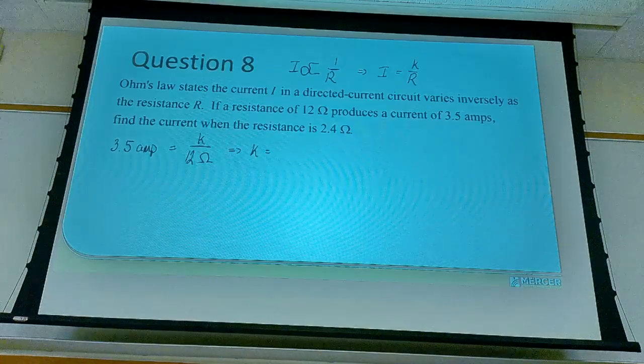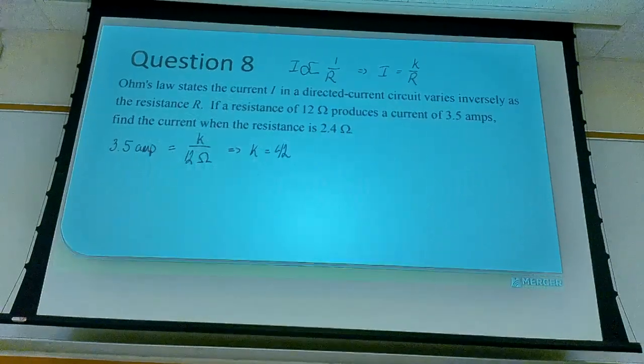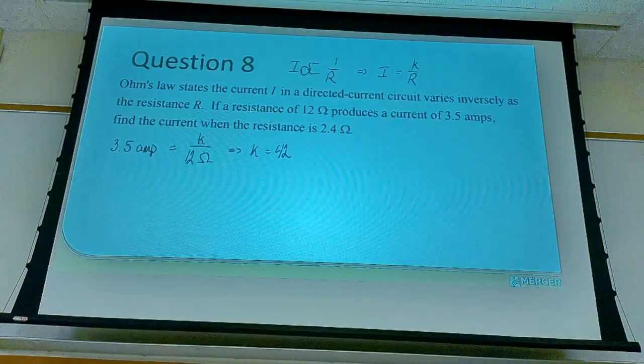What's 3.5 times 12? Again, you don't need a calculator. What's 3 times 12? 36. And then half of 12 is 6. So then add them, that's where you get 42. 42 what? Ohms. 42.